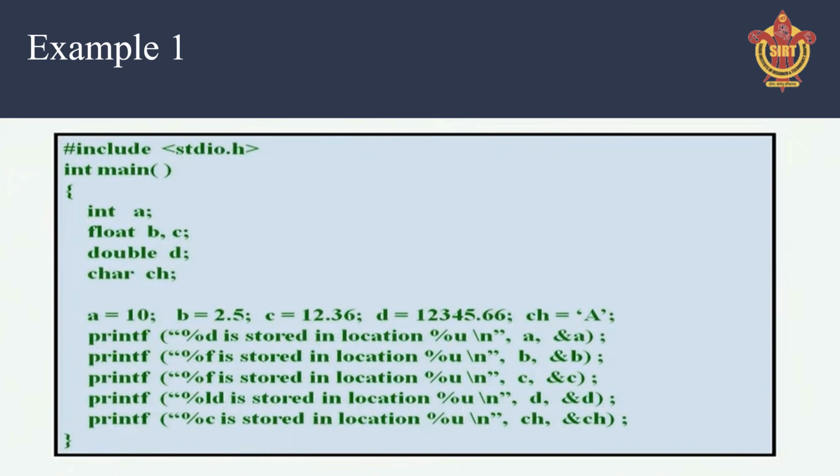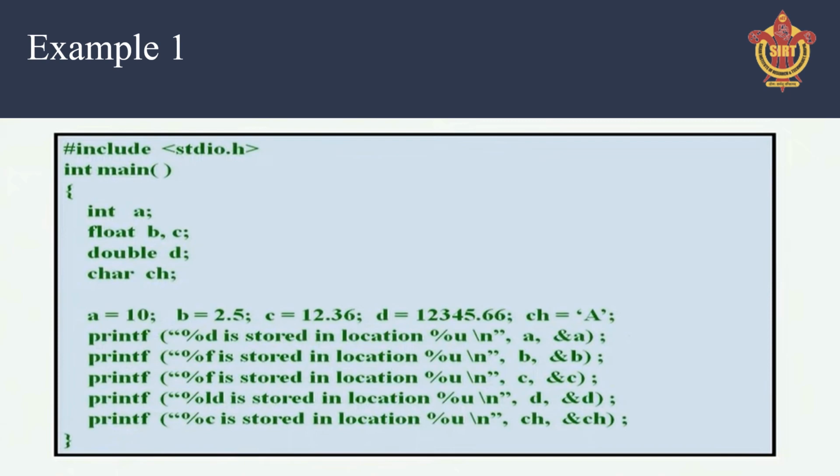Now let us see what these statements will give as output. So the first printf statement, where I am using %d as a format specifier, will show the value of a. This is the first variable here. So I will read it like this: a is stored in location, %u will be replaced by the address of a.